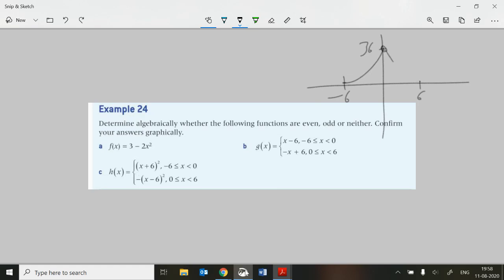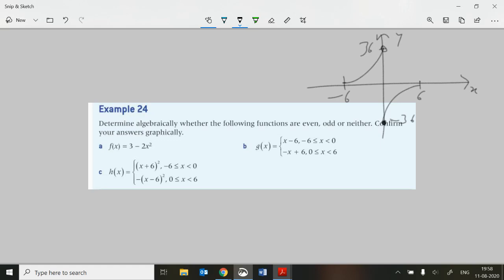So we're going to need to take this and reflect it over to this side. So again, we're only going to end up with this part. It's going to look something like that. Again, this time we can put a solid circle there as well at minus 36. Okay, so there's roughly your graph.